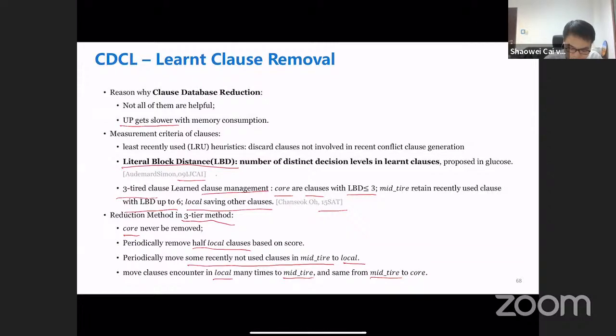For LBD smaller than 3, the proportion is not very large, but I forget the detailed proportion.